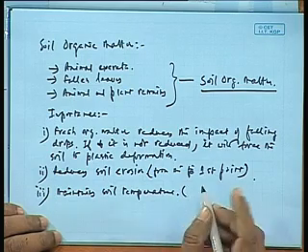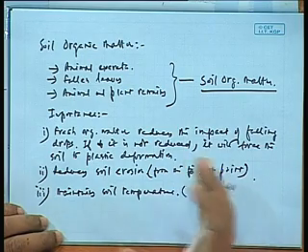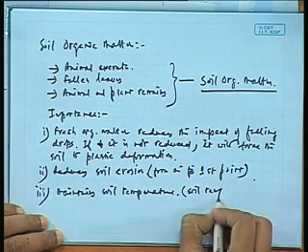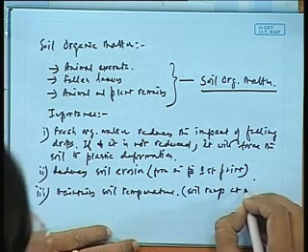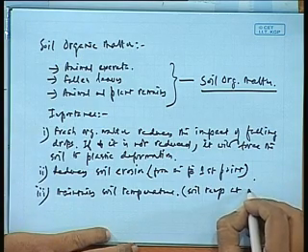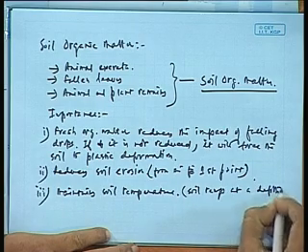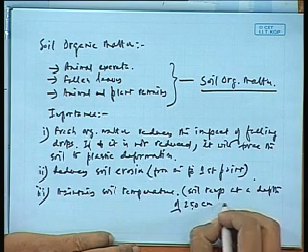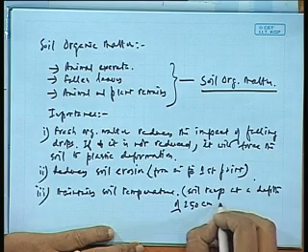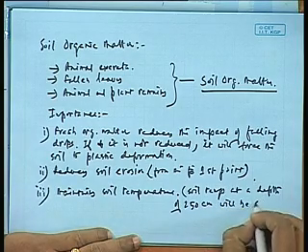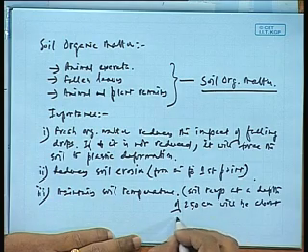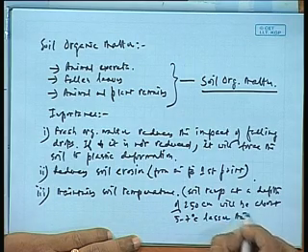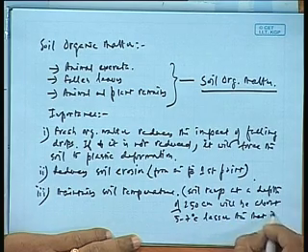In many cases, the soil temperature at a depth of 250 centimeters will be about 5 to 7 degrees centigrade less than that in the atmosphere.